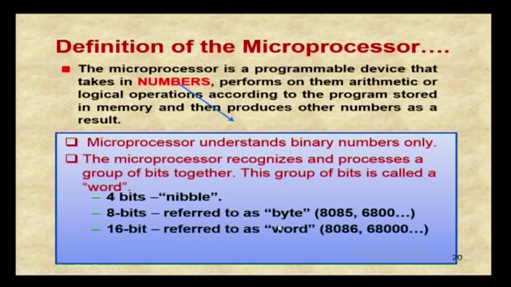Advanced processors like the 8086 can process 16 bits together. A 16-bit number is called a word. Then we have the long word: the ARM processor and other later processors can process a group of 32 bits, and 32 bits is called a long word.